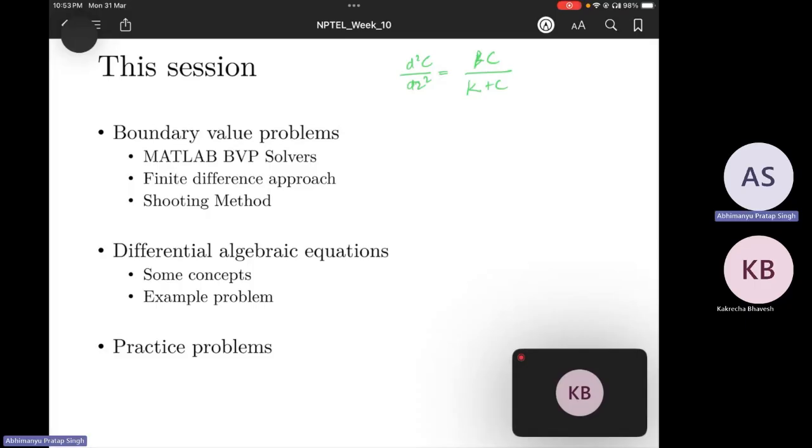We can discretize it as c i plus 1 minus 2 c i plus c i minus 1 upon h square is equal to beta c i upon k plus c i. So this is nonlinear, highly nonlinear.